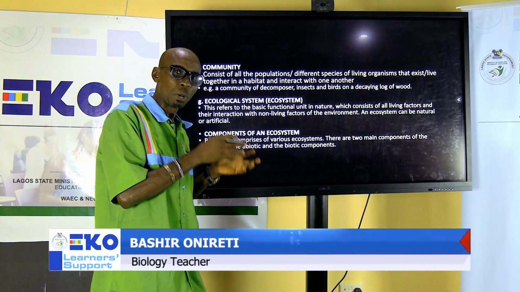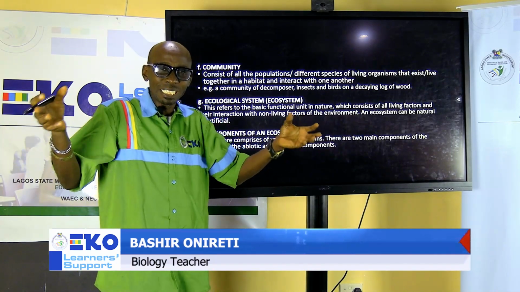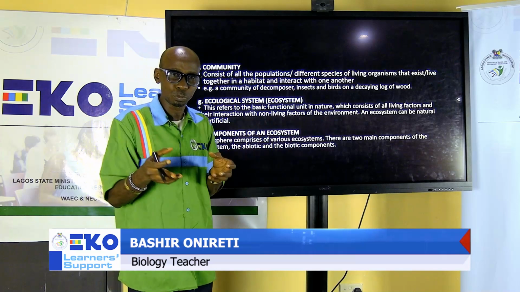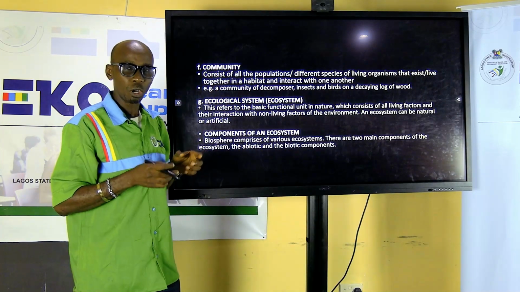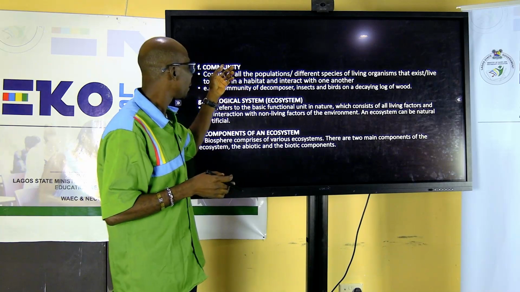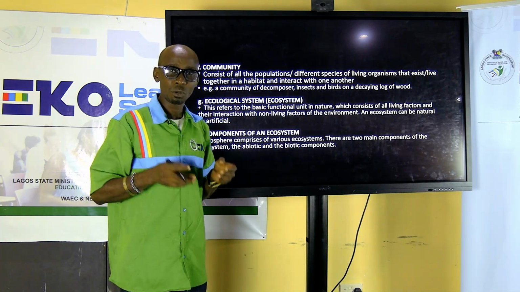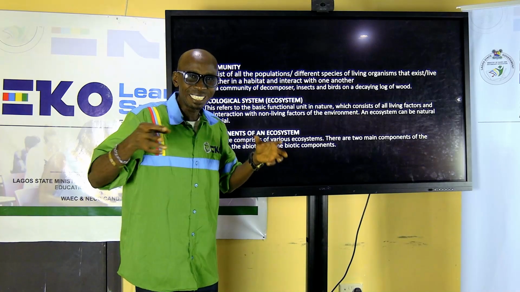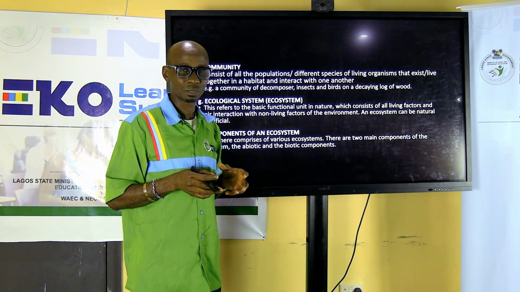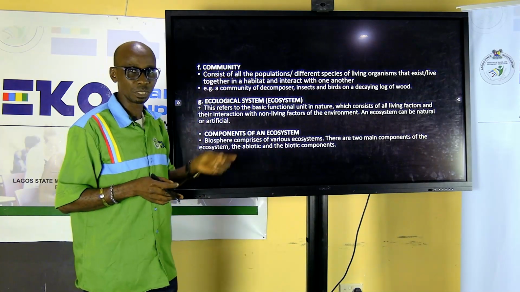There are some that are Yoruba speaking parts. But when we find these different groups in the same environment, that is a community. Each and every one of us makes a community. When you find a lion, an antelope, a tiger, all of them in the same environment, we call it a community.